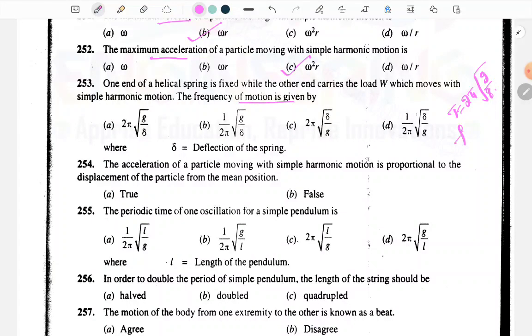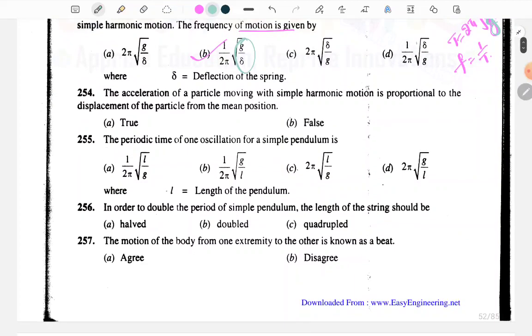Now frequency is 1 by T. Now you reverse the second part, then it will be delta by, and the 2 pi will come down. So 1 by 2 pi into, 253 b. This is delta by g, actually delta by g, sorry. So this one will reverse, then g by delta you will get.